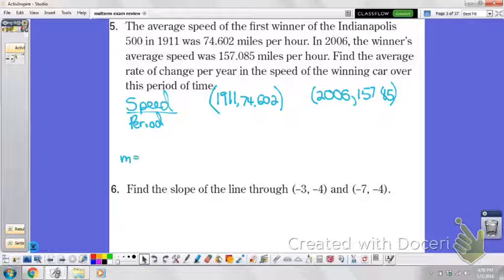M is equal to y2 minus y1 over x2 minus x1. So since we have 2 points, I can make 1911 x1, 74.602 y1, 2006 x2, and 157.085 y2. And all I have to do is substitute those into the formula.